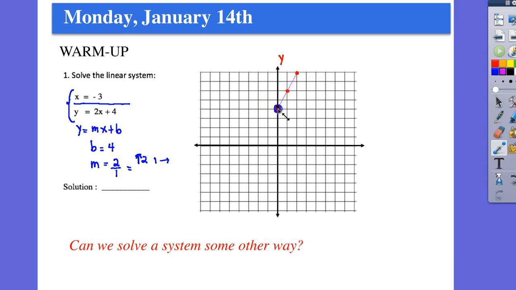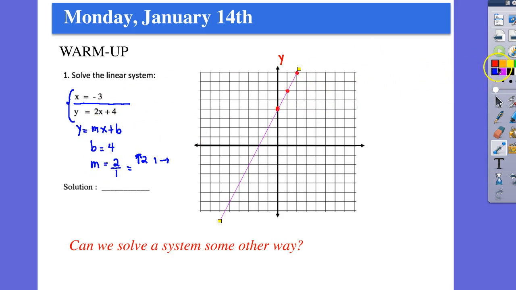Remember, you don't stop right here. You have to extend it so your line will be accurate. You have to use a ruler. Okay, so we're done with the second equation.